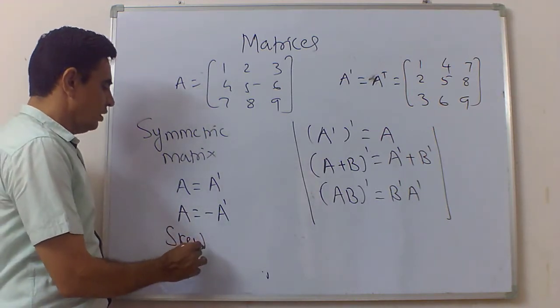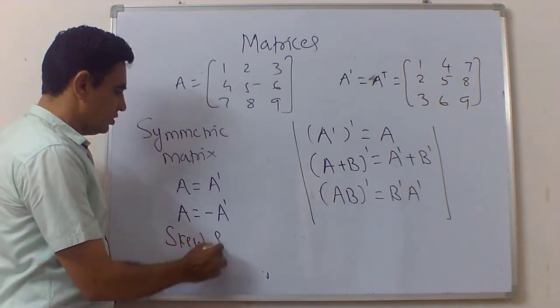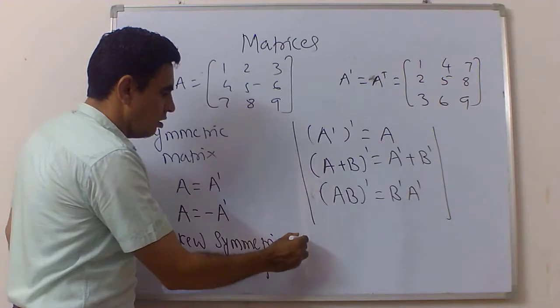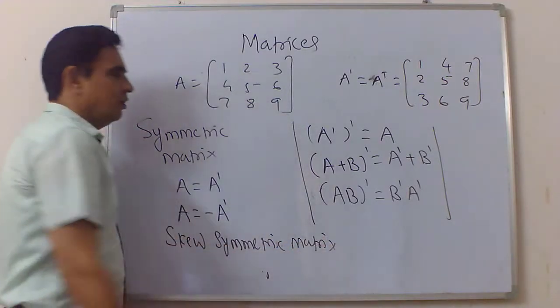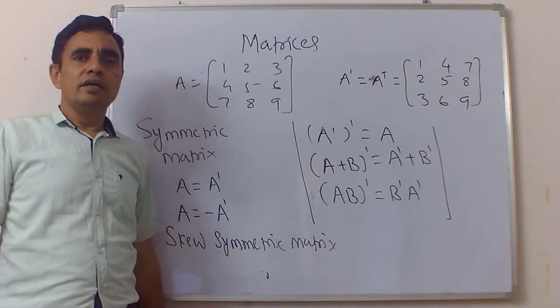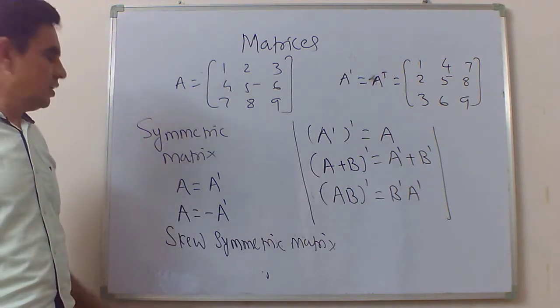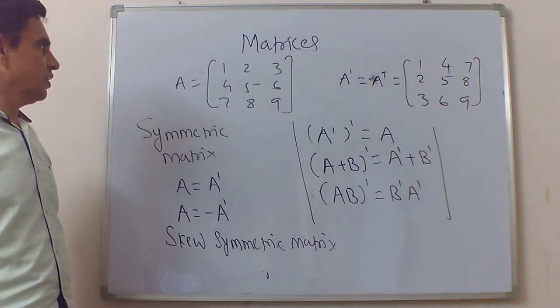We know this already, but let's revise in short. A is equal to A transpose is a symmetric matrix, and A is equal to minus A transpose, or A transpose is equal to minus A, is a skew symmetric matrix.